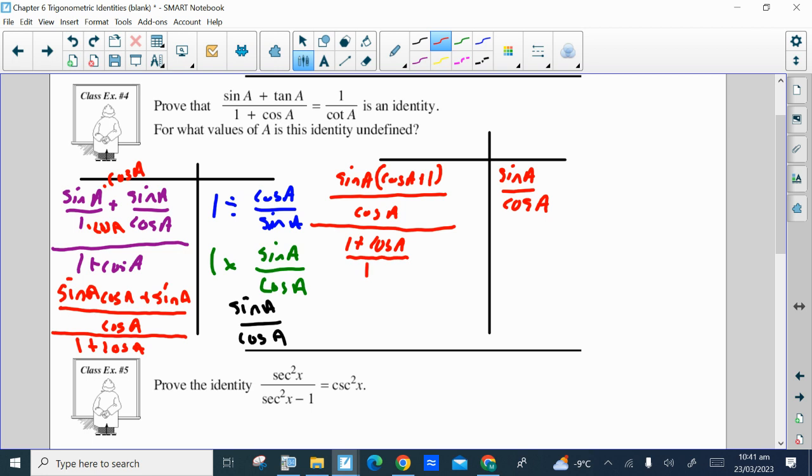And the reason I wrote that as a fraction is because the top is a fraction. I have one fraction divided by another.